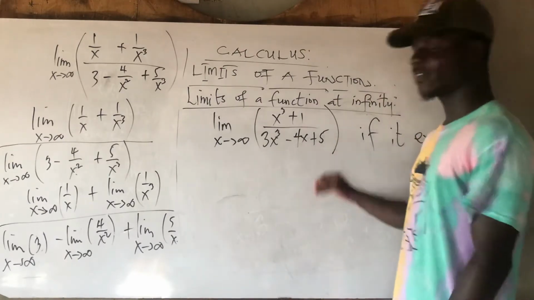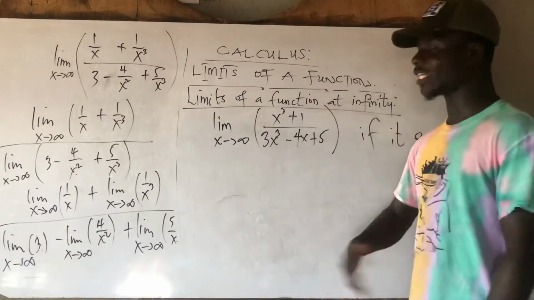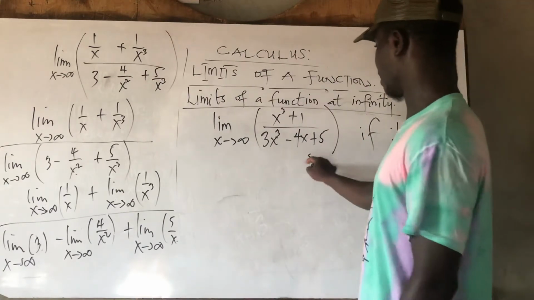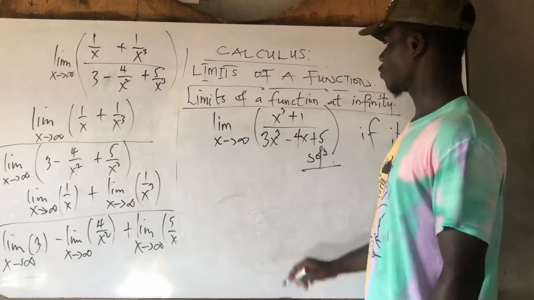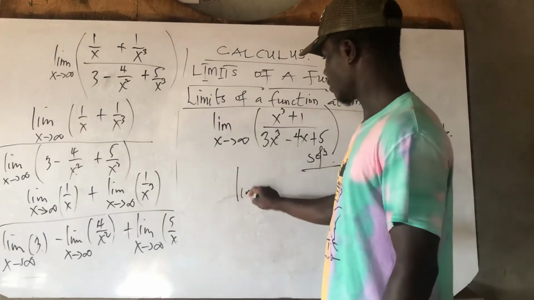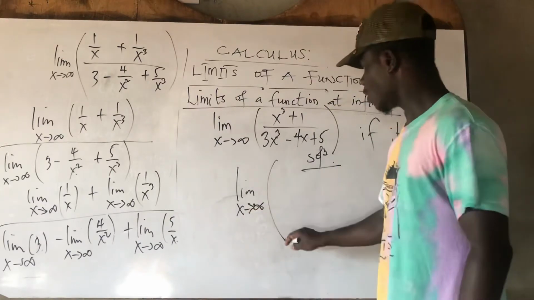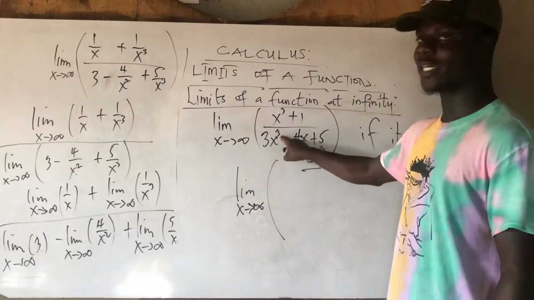So we have this. I said you divide the numerator and the denominator by the highest power. So we have the limit as x approaches infinity, and the highest power is x cubed.